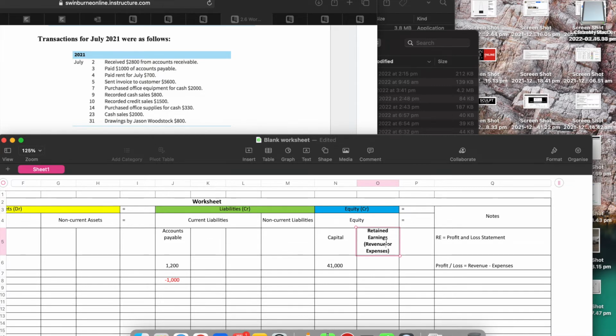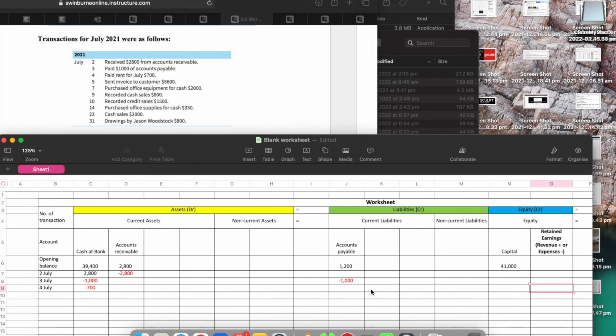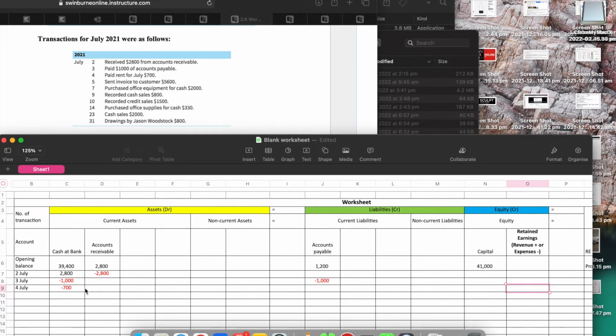Now, revenues will always be a positive figure in this section, and expenses will always be a negative figure in this section because we want to reduce the balance with an expense. So if we pop that in, we've got 700 here. Let's make sure we've got it in the correct row, and it's an expense, so we are reducing that 700.